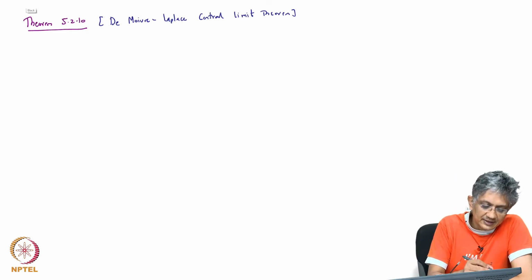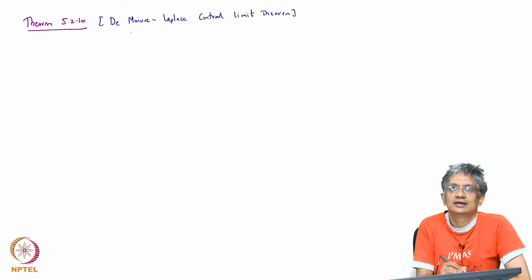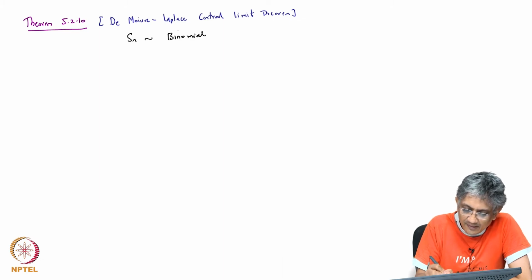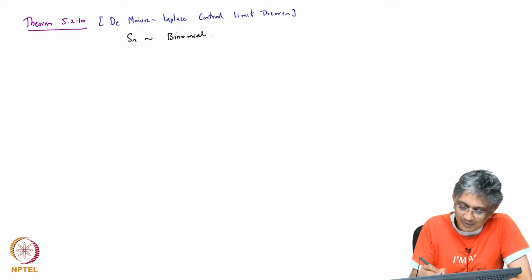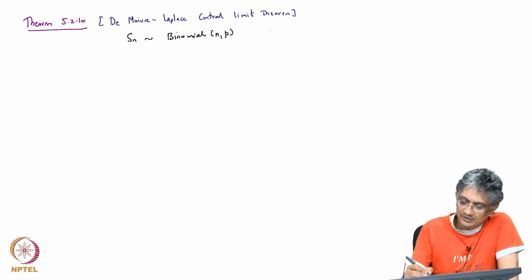So what does it say? Suppose Sn is binomial of n comma p. Sorry, p is fixed now, 0 less than p less than 1. It's fixed.